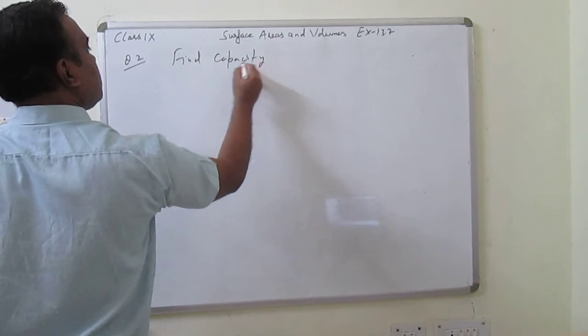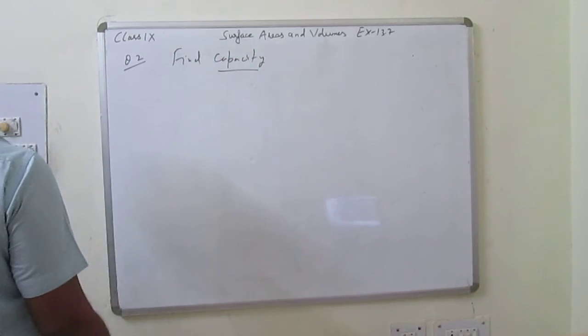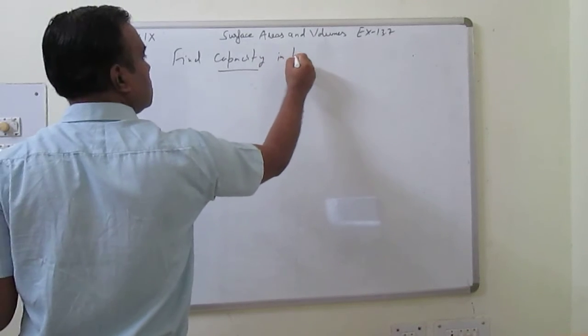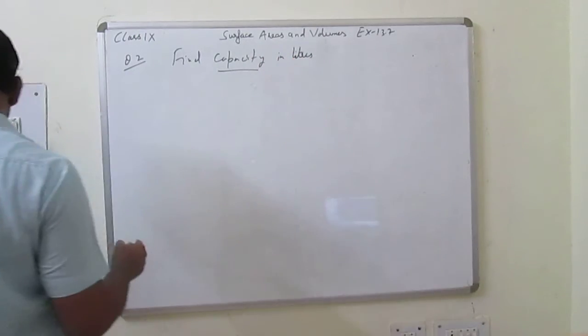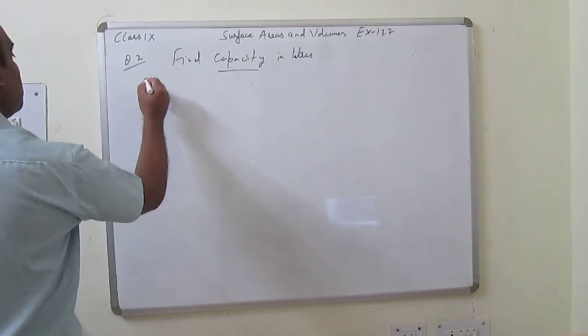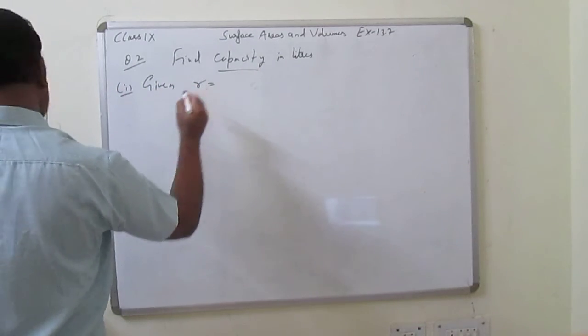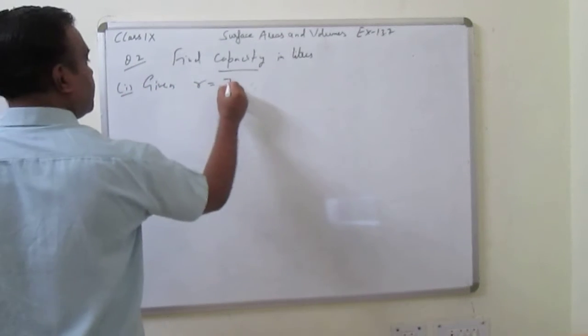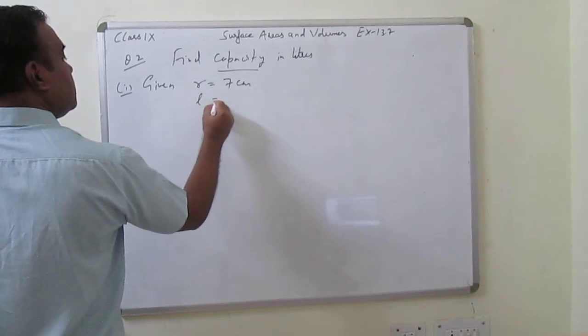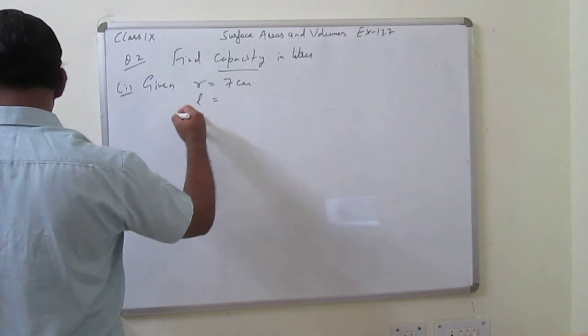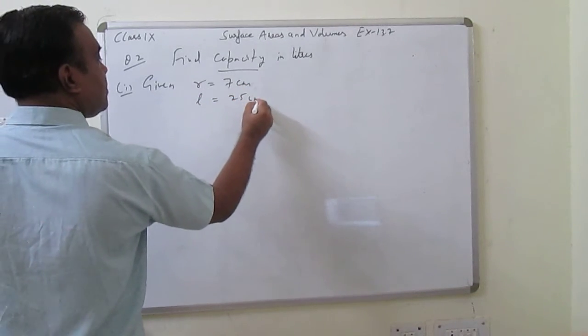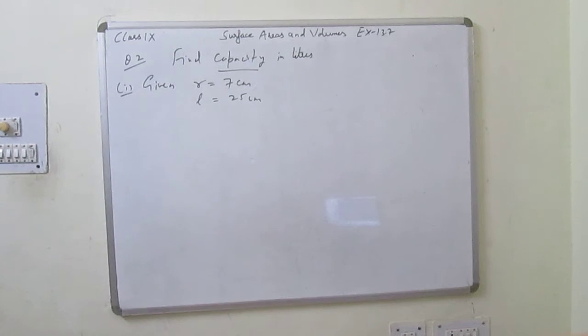It means you have to find volume in liters. You have to find capacity in liters given to you. First part I will take. Given to you, radius is equal to 7 centimeter and slant height, this is not h, this is slant height 25 centimeter.